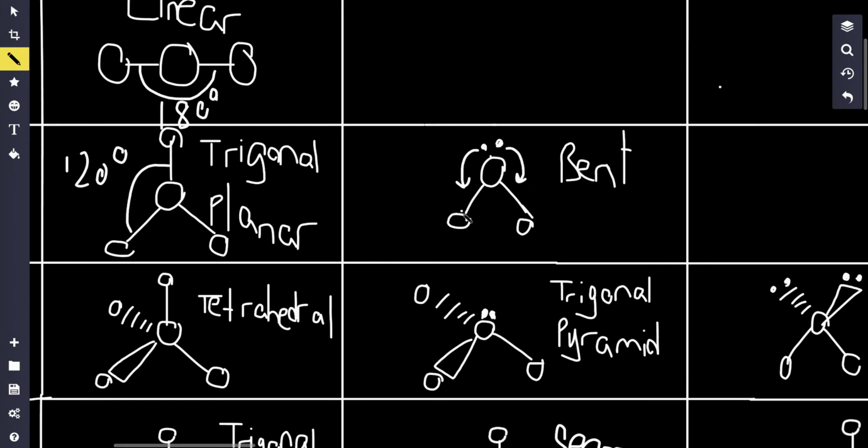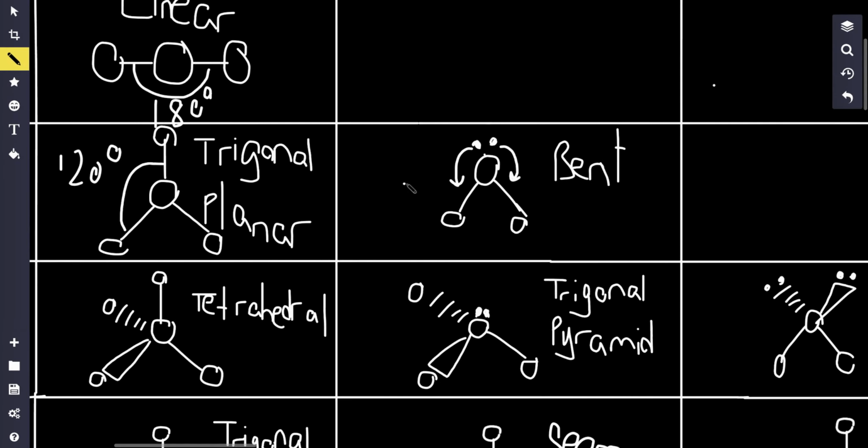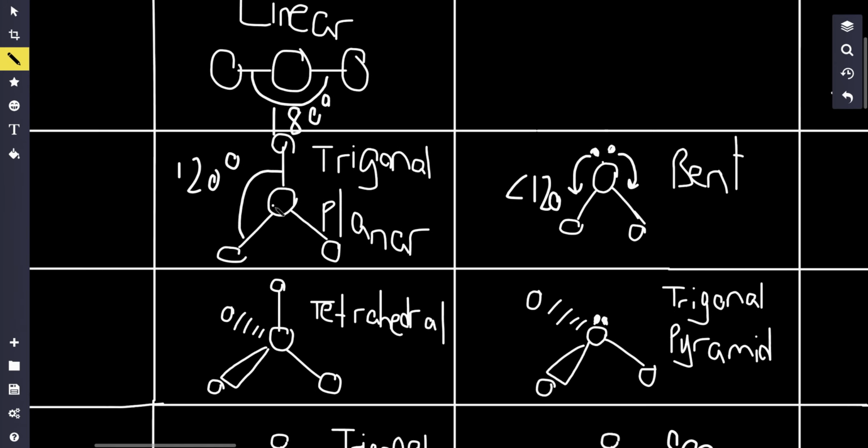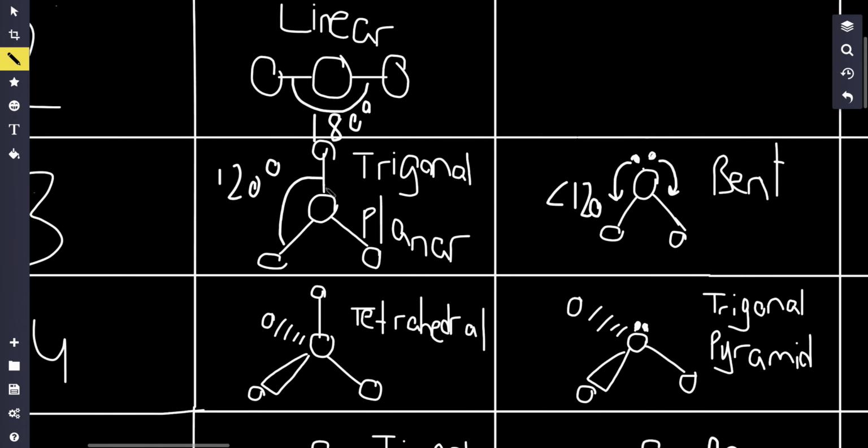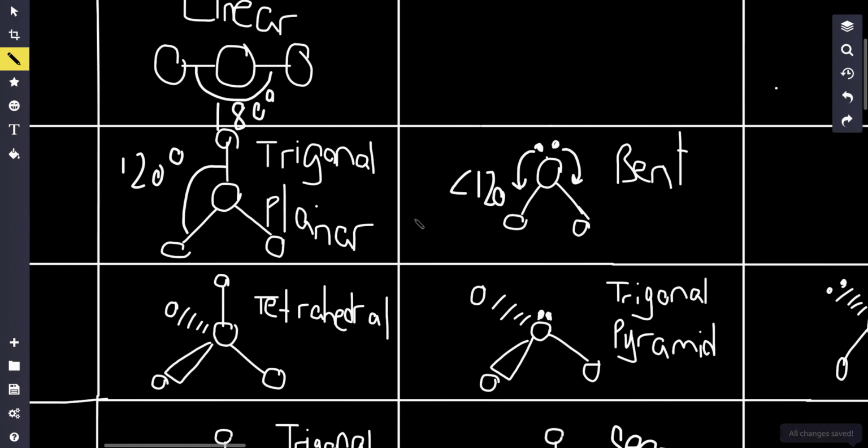And that's going to make this bond angle less than 120 degrees. With trigonal planar, you have this bond right over here, and this creates a 120-degree angle. However, the thing to know about VSEPR theory is that lone pair electrons are going to repel more on the other bonds found in the molecule, and that's going to make their bond angle less than what you would expect.